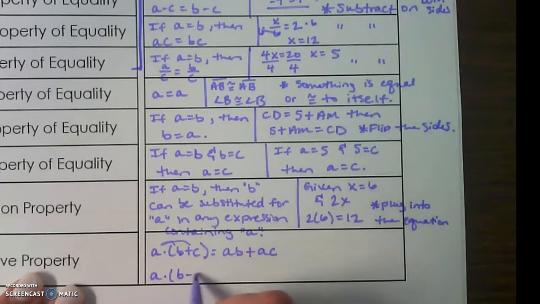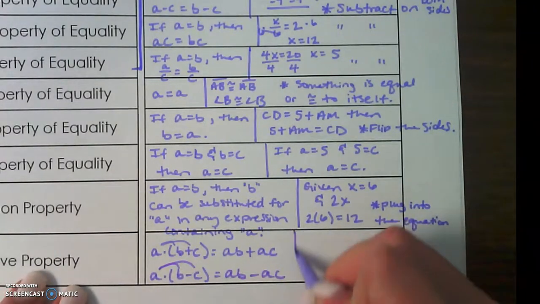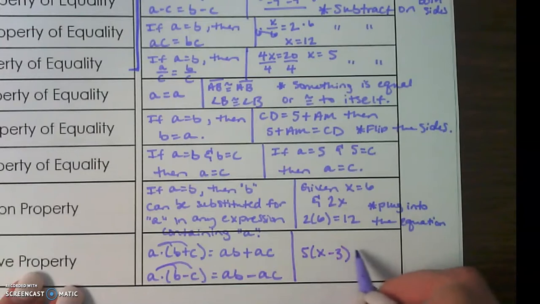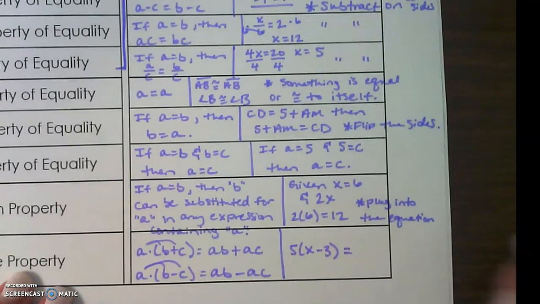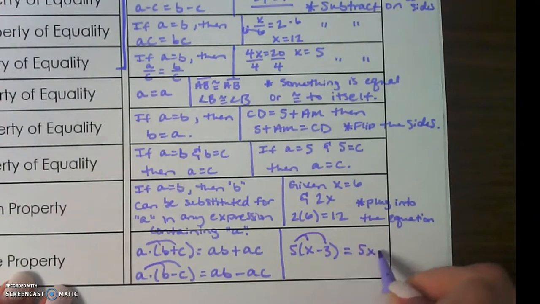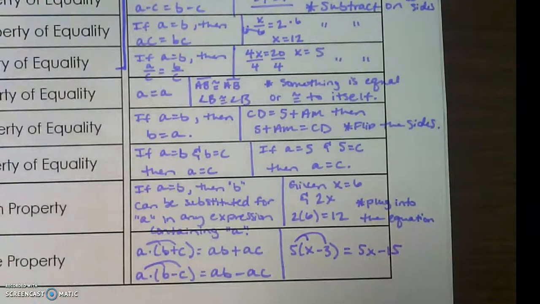So if we had B minus C, then what that would come out to look like would be AB minus AC. Again, you're just distributing that A to both terms. If we wanted an algebraic example, we could have 5 times x minus 3. When we go ahead and distribute, that is the equivalent to 5x minus 15.